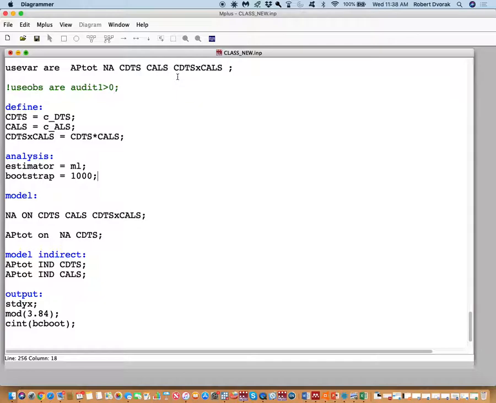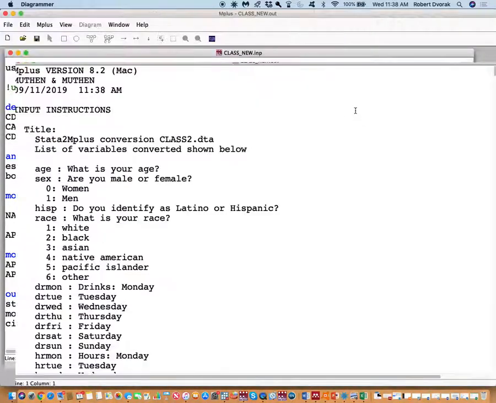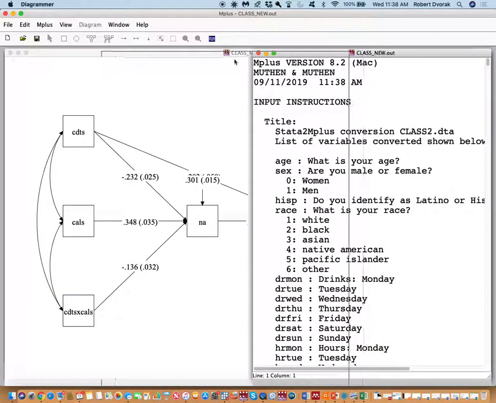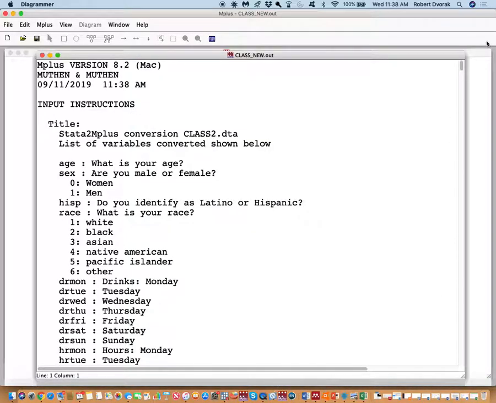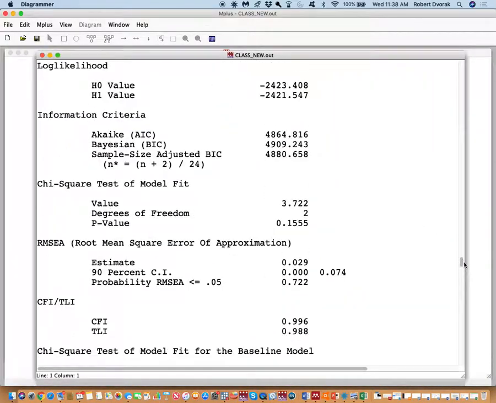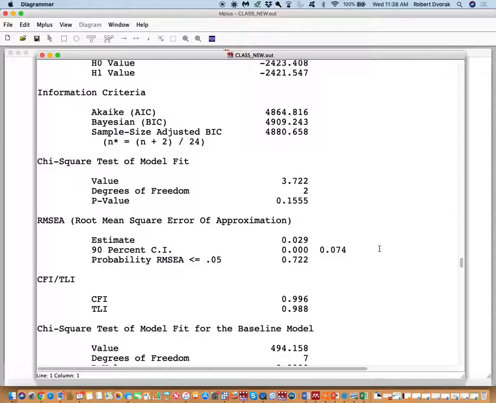Okay, so if we remove drinks, and now we rerun this, do your fit statistics match mine, or are they very close? Yeah. 3.77.